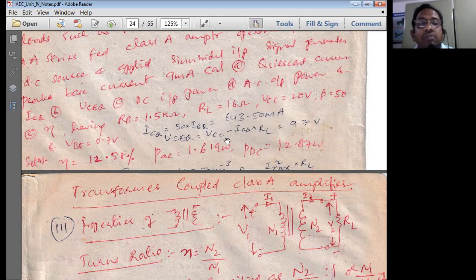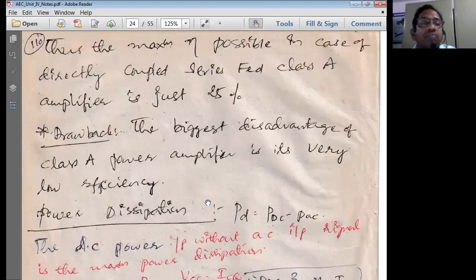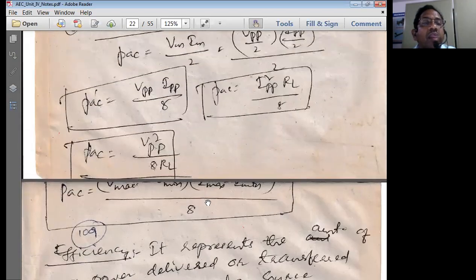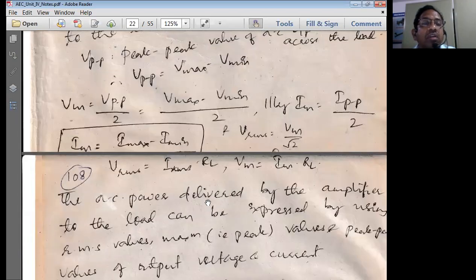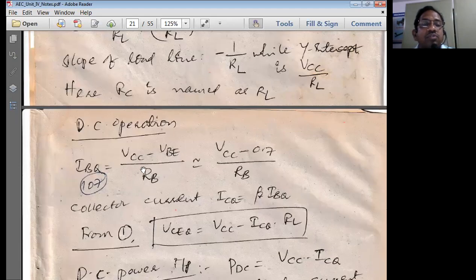First of all, we'll calculate ICQ. ICQ is equal to beta times IBQ, so beta is given as 50 into IBQ. The IBQ formula from the circuit diagram is IBQ equal to VCC minus VBE by RB.